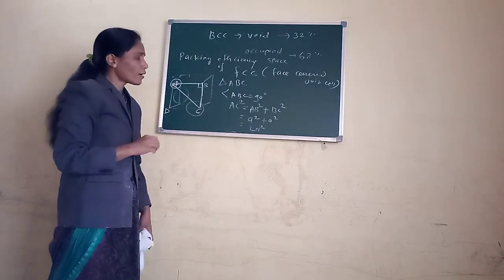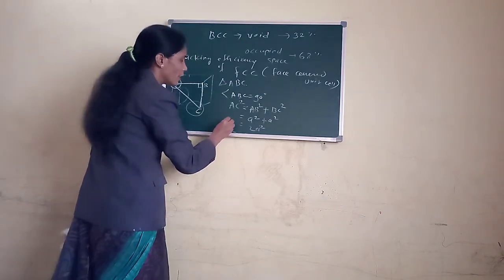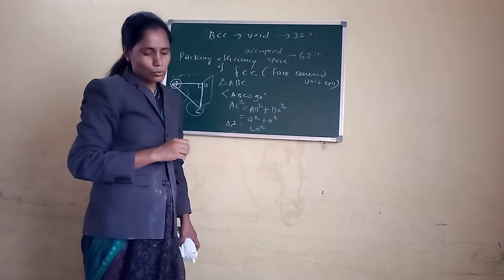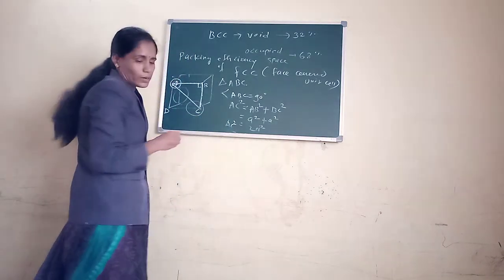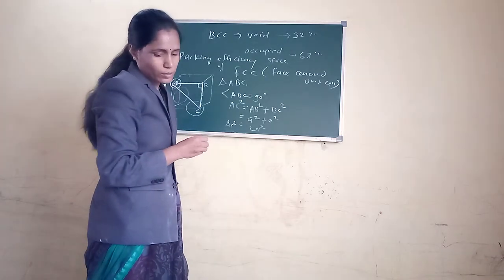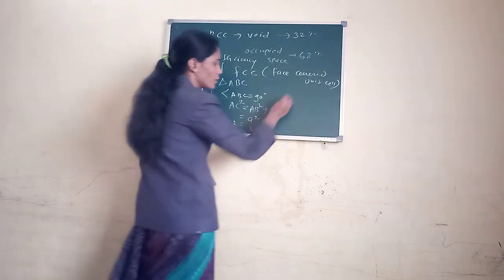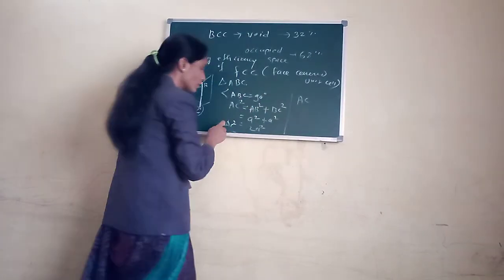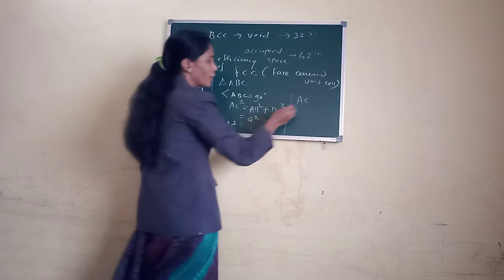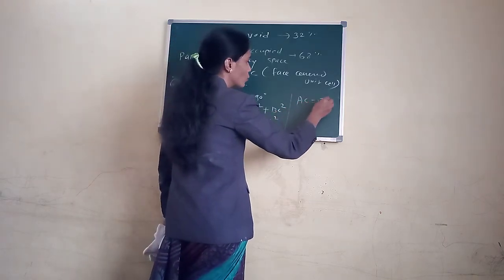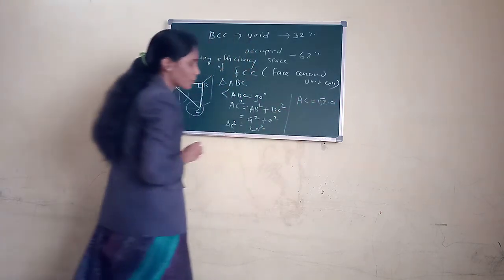Taking the square root on both sides, we get AC is equal to root 2 A.